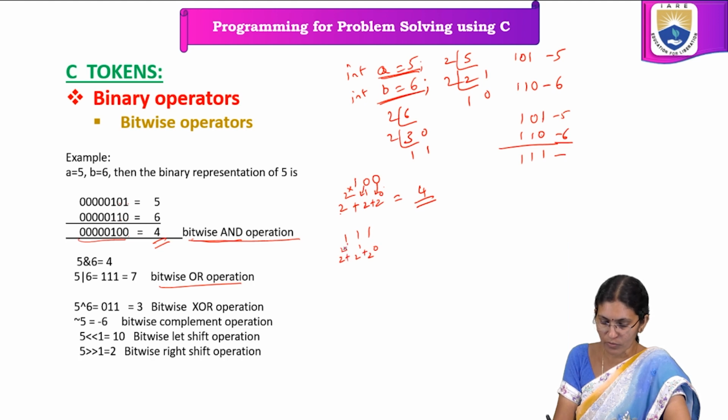You multiply and add: 2 power 0 into 1 is 1, 2 power 1 into 1 is 2, and 2 power 2 into 1 is 4. In this way, this is the bitwise OR operation.